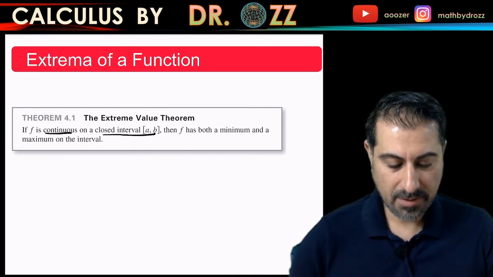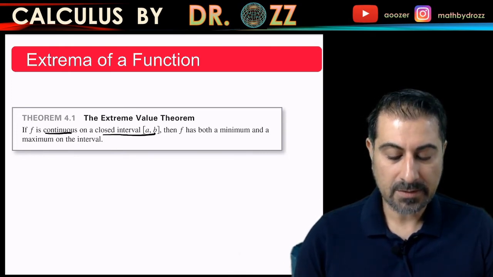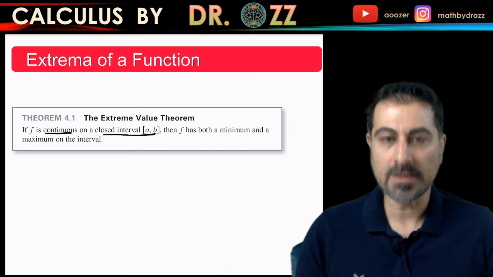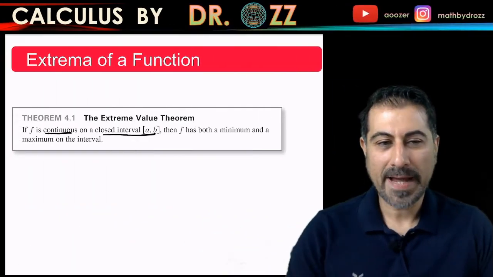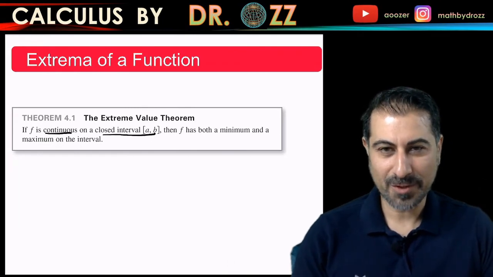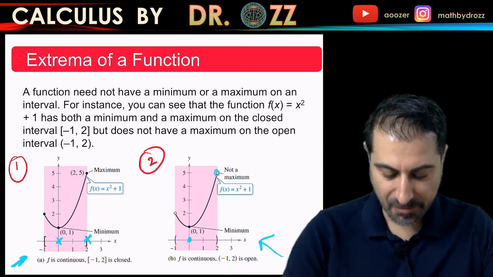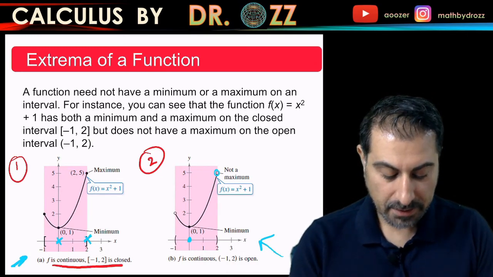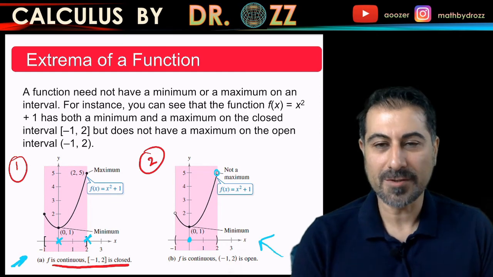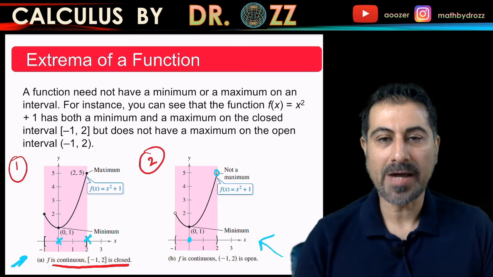This theorem is very important because it tells us sufficient conditions for f to have extreme values. Let's go back to the examples and see for which of them we can apply the extreme value theorem. In the first example, we had a continuous function on a closed interval. We do have the maximum and minimum, so the extreme value theorem is applicable.